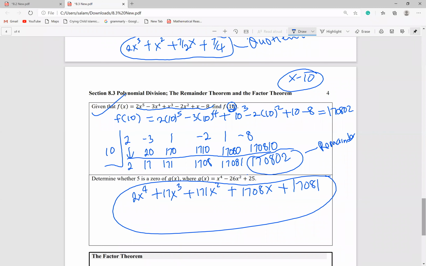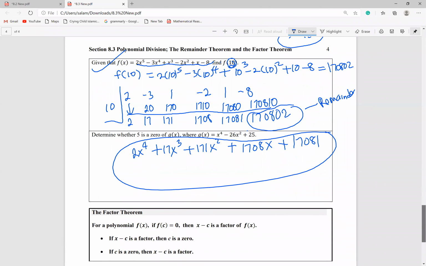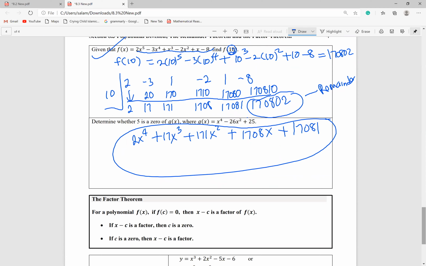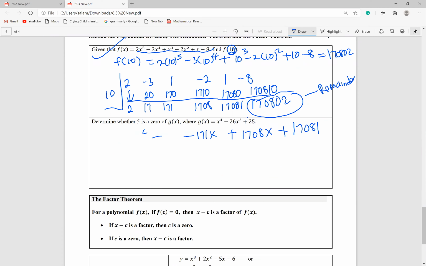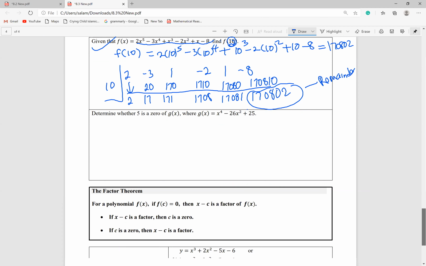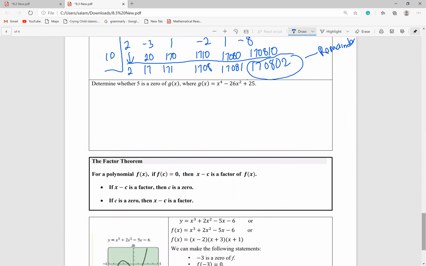So the next example that we have, we want to determine whether 5 is a 0 of g of x. Okay, so I'm going to erase this. So we want to determine if 5 is a 0. If we can recall, that just simply means we should replace x with 5.